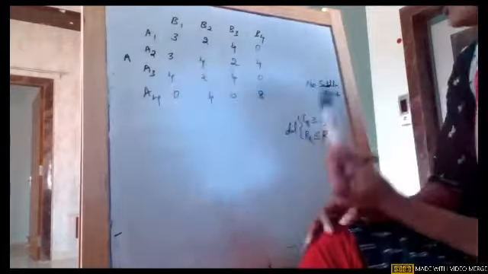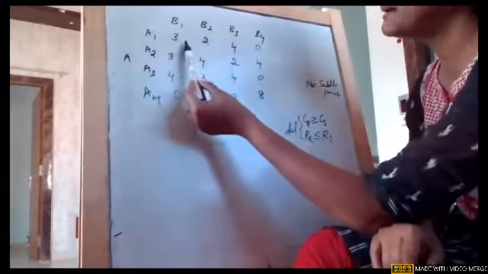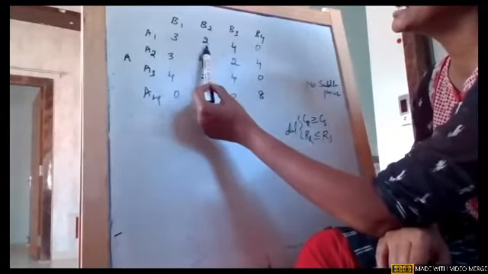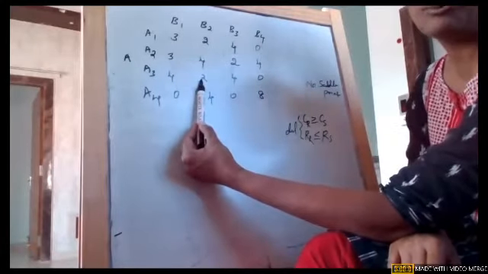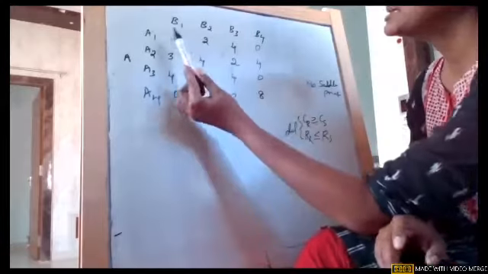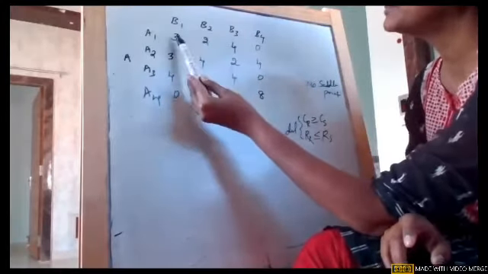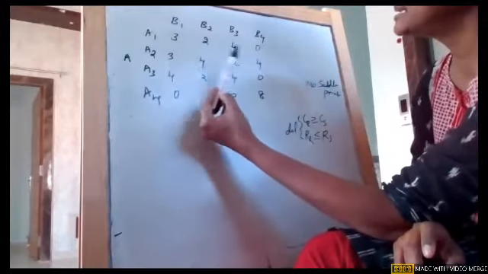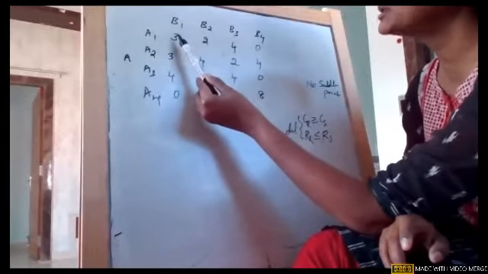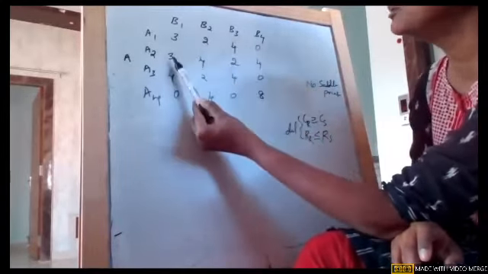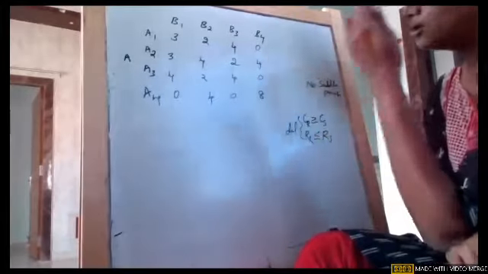Now first we'll come column wise. Check first column, compare it with the second column. 3 is less than 2... 3 is less than 4, but 4 is greater, opposite. So we can't apply. Same for first and third column: 3 is less than 4, 3 is greater than 2. Again, no. First and fourth column: 3 is greater than 0, 3 is less than 4. Again, not applied.